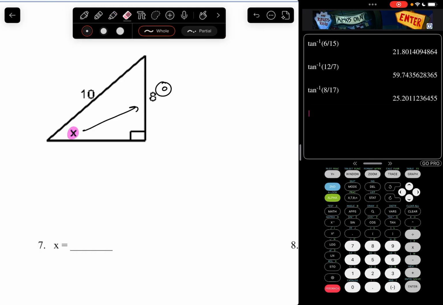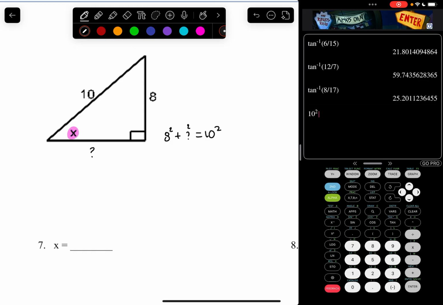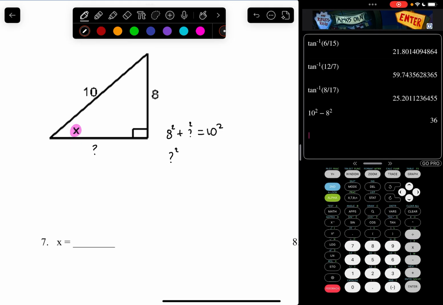This is a right triangle, which means that I can actually just use the Pythagorean theorem to find my missing side. So we've got 8 squared plus question mark squared, and that's going to equal 10 squared. So 10 squared minus 8 squared is 36. So my question mark squared is 36, which means my missing side is 6.